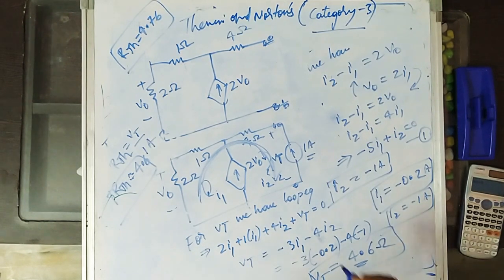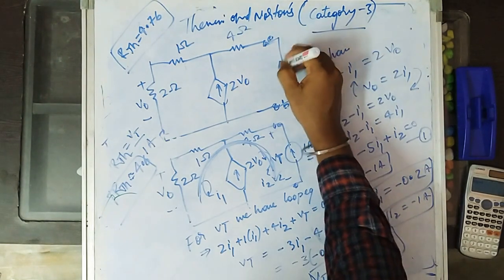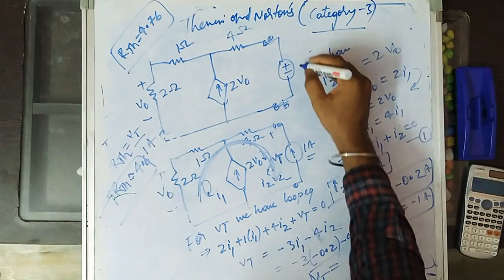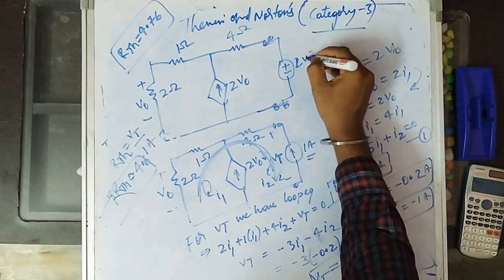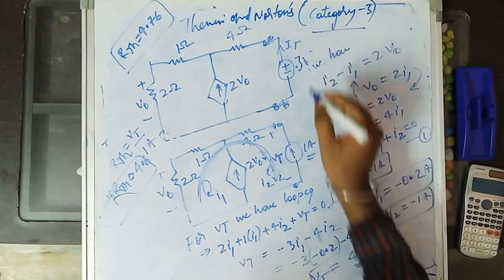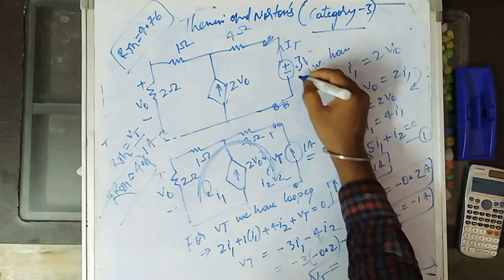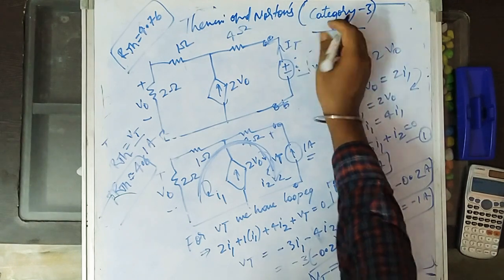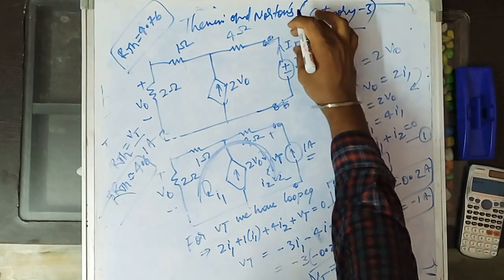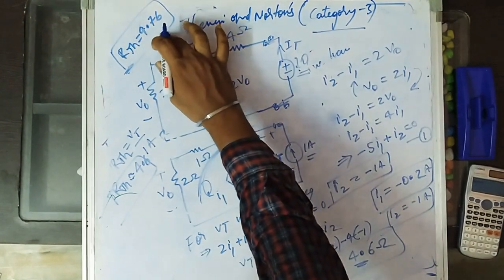ensure that if you introduce any numerical value, such as 2 volts or 3 volts, you have to find the current IT. Finding that test current is important. If you give 10 volts, you will get a different IT value, but the resistance is the same. You get 4.76 only.